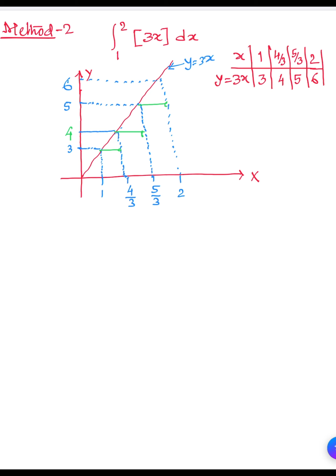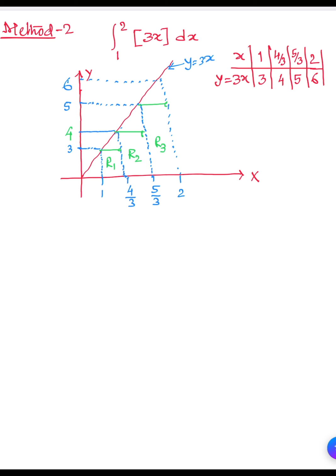Here we can see that 3 rectangles are formed. This is rectangle 1, this is rectangle 2, this is rectangle 3. The area of a rectangle is length into breadth.